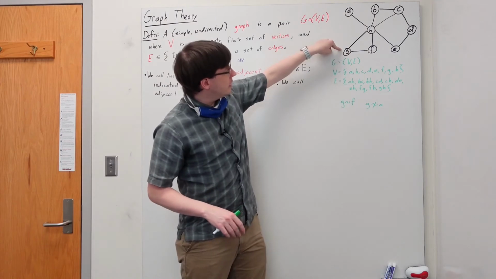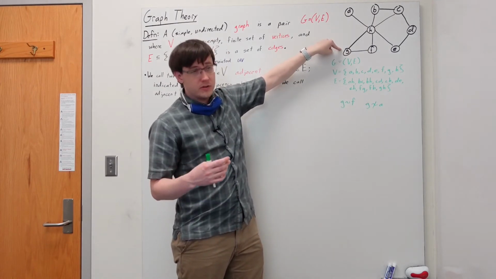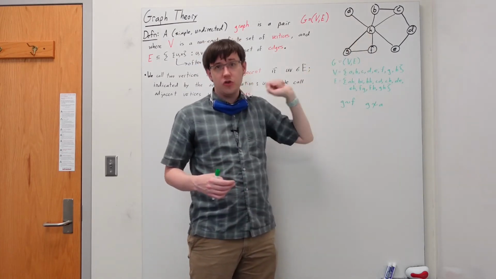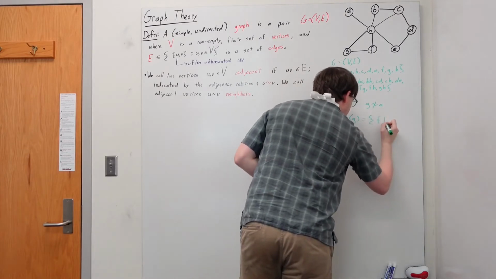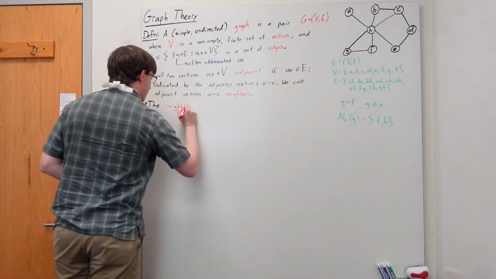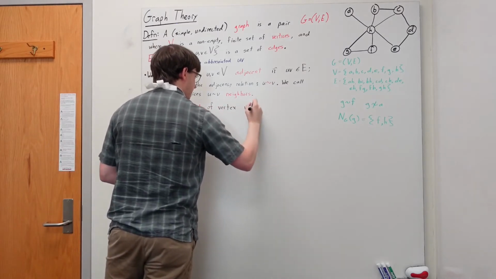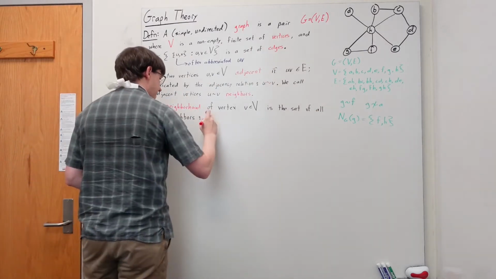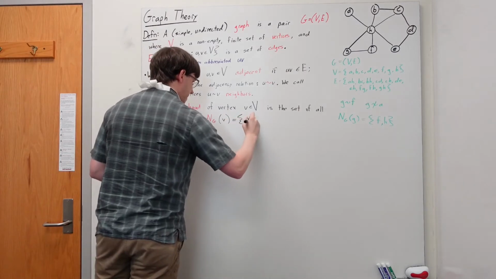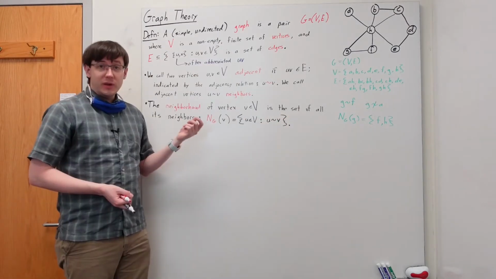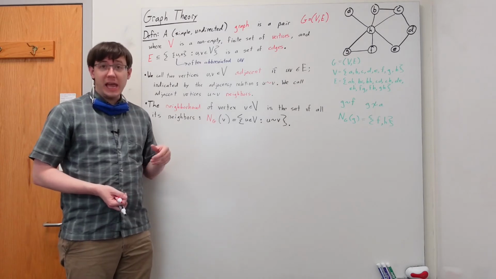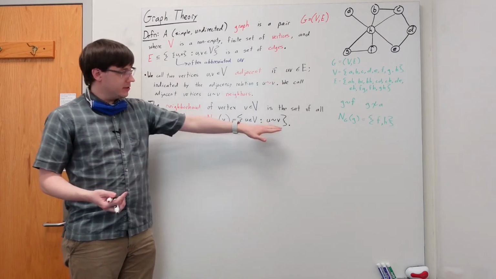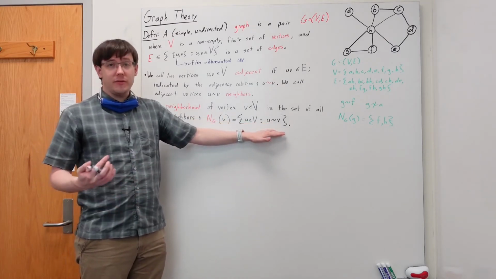So the neighborhood of G is all of the vertices that are adjacent to G, which in this case is F and H. And we use capital N to indicate the neighbor function that for a given vertex gives us the set of neighbors of that vertex.